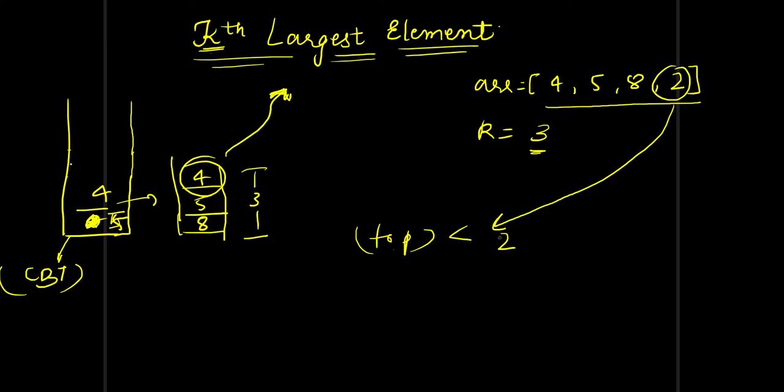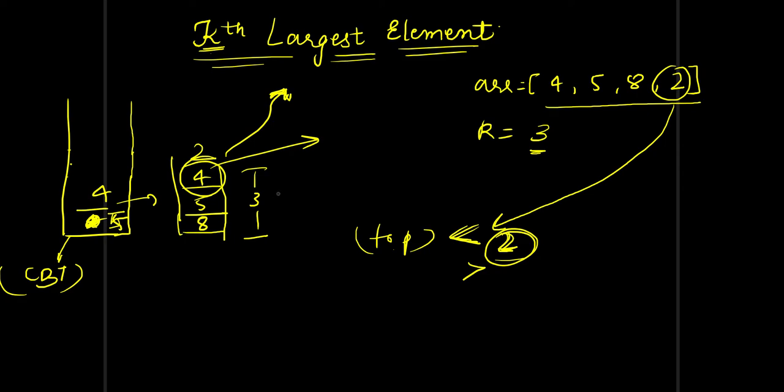That's why I'm checking whether the incoming element is greater or not. If it is smaller, I don't want it. But if it is greater, it will definitely help us. So if it is greater, then simply add it and remove the top. That is the basic approach we will use to solve this problem.